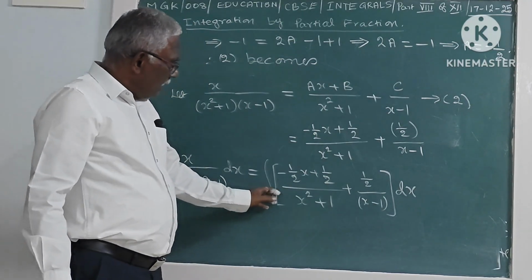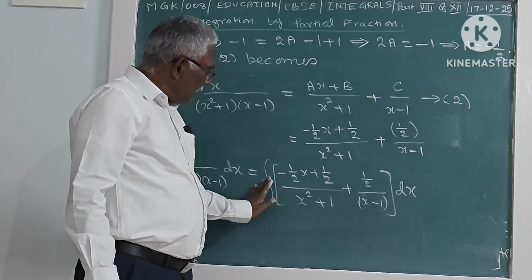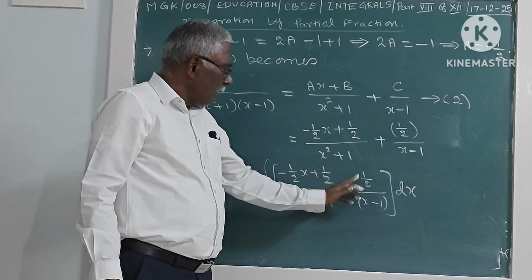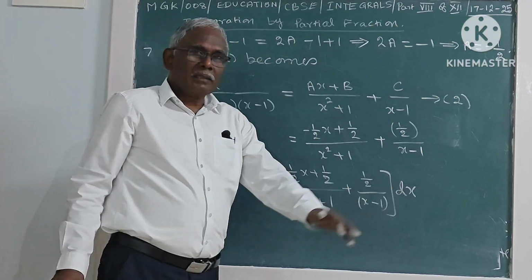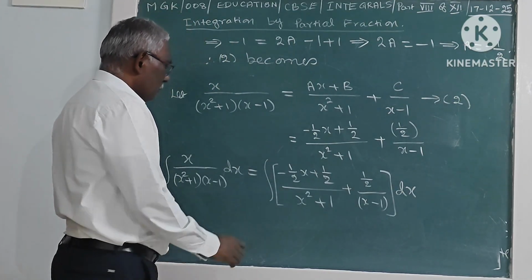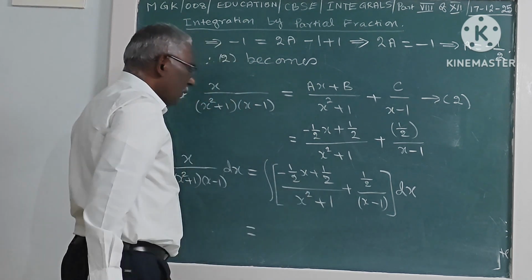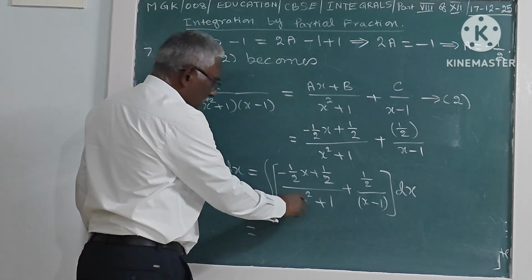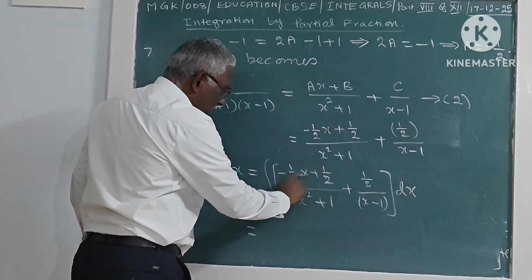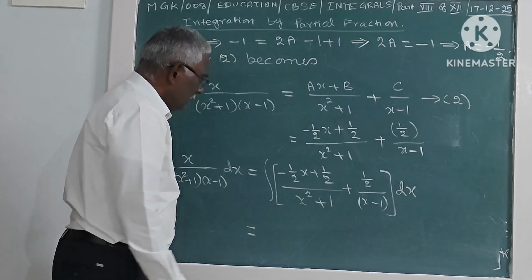So we need not write like this, we can write directly integral this into dx plus integral this into dx, like that we can write directly. So now this becomes minus half by x square plus 1.